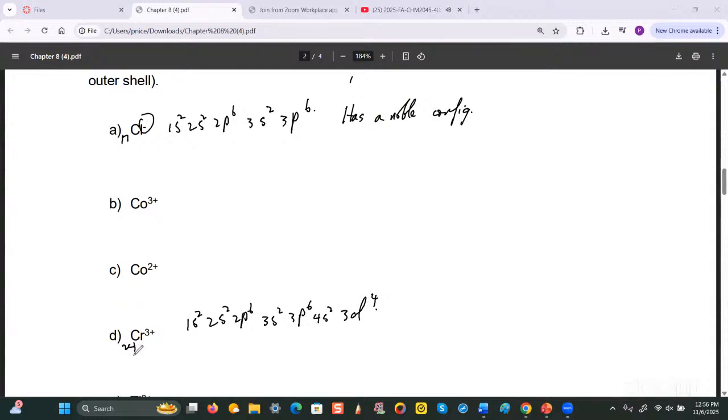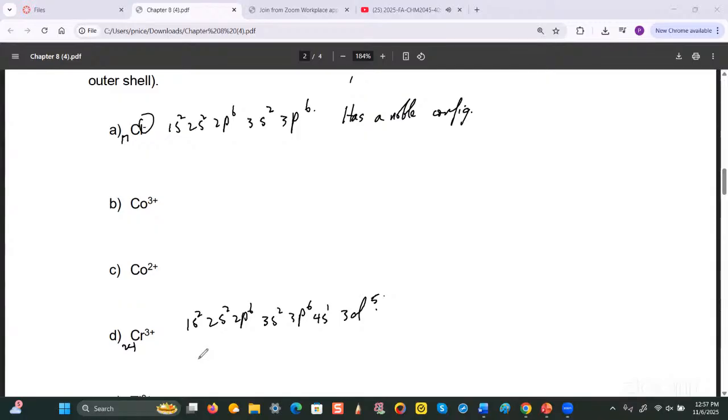However, if you remember, this is one of the exceptions I made mention of. Actually, this should be 1 here, and this should be 5. So this is 4s1, 3d5. That would be the electronic configuration of chromium.